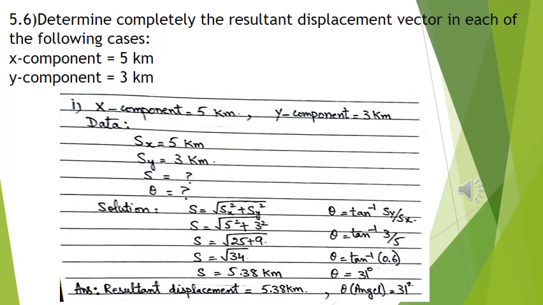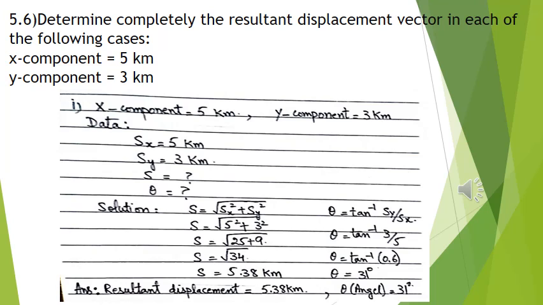Now our formula is F is equals to root of fx square plus fy square to find the magnitude of our resultant vector F. Now here is resultant displacement, so you will use S is equals to root of sx square plus sy square. Now filling up the values, sx is equals to 5 kilometer, sy is equals to 3 kilometer, S net displacement you have to find, and theta you have to also find.